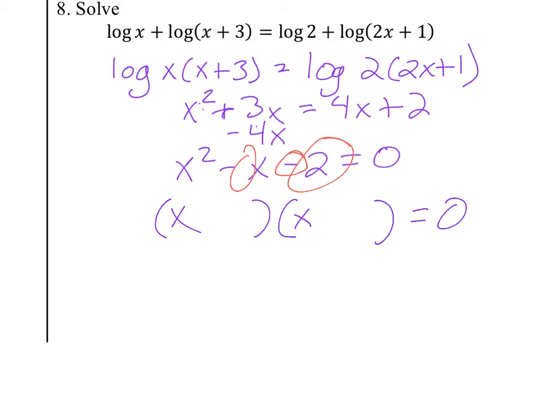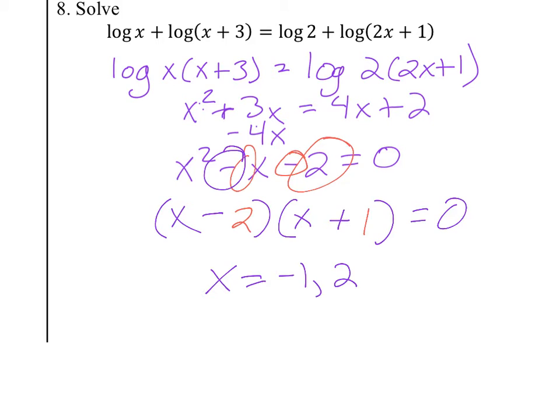Well, that's going to be 2 and 1. Now, the larger has to be negative. So the 2 is negative. That makes the 1 a positive. So x equals -1 or 2.